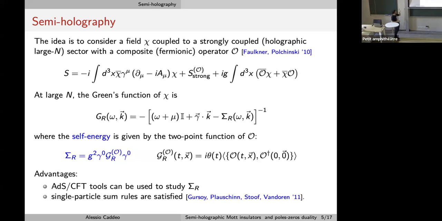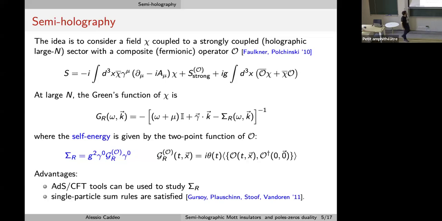In this framework, one can compute the retarded Green function of the fundamental field chi. In general, one can show that it takes this form, where we have a free term and then a self-energy.